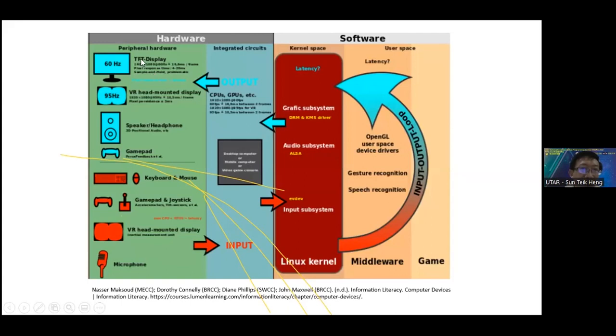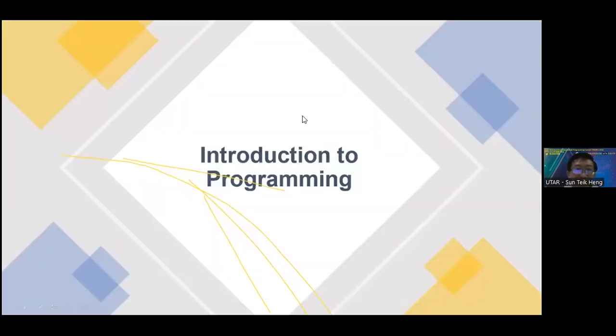For example, the monitor. For display, the output will go to the display monitor. For audio, the output will go to the speaker or the headphone. All right, so you can see this cycle here. Next we'll look at the introduction to programming.